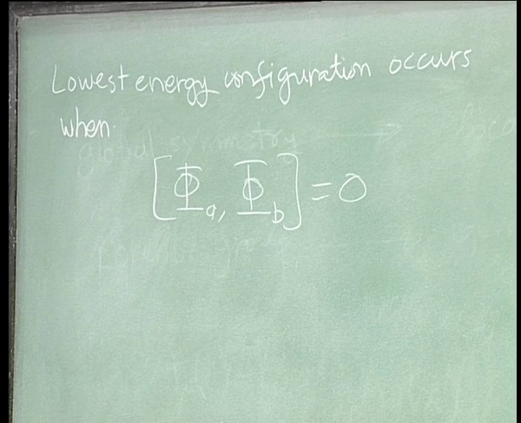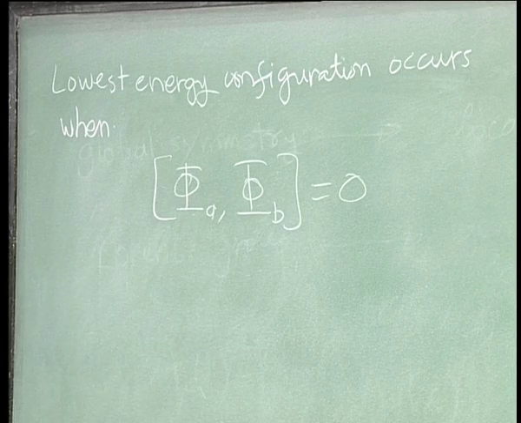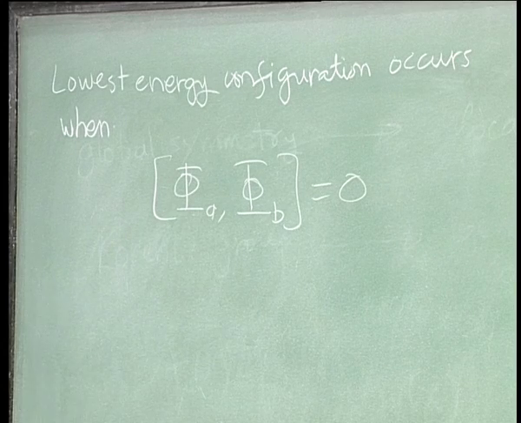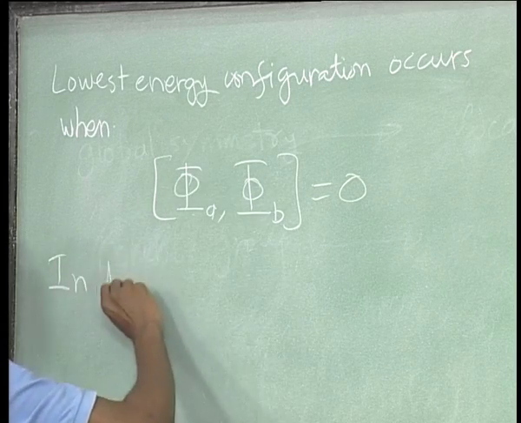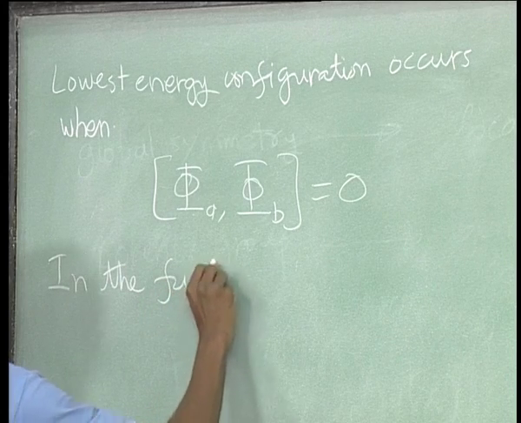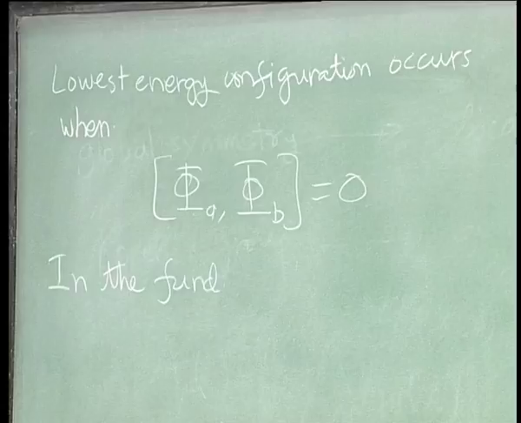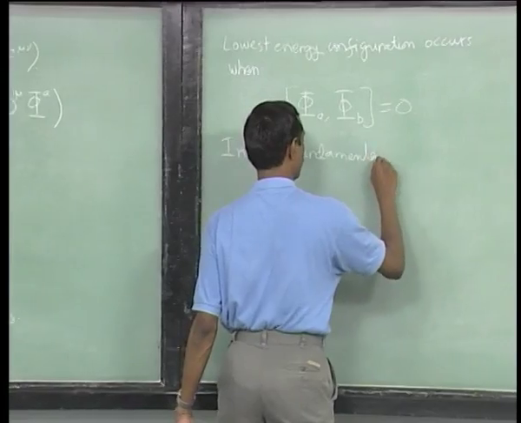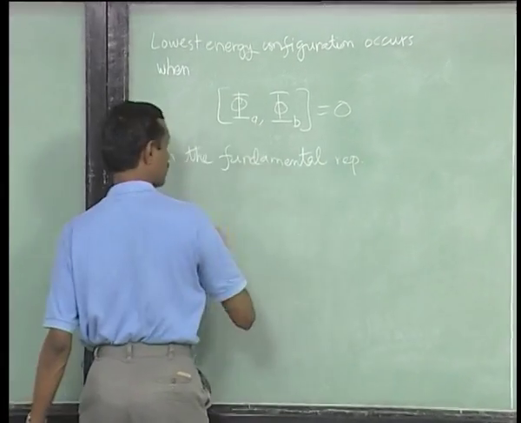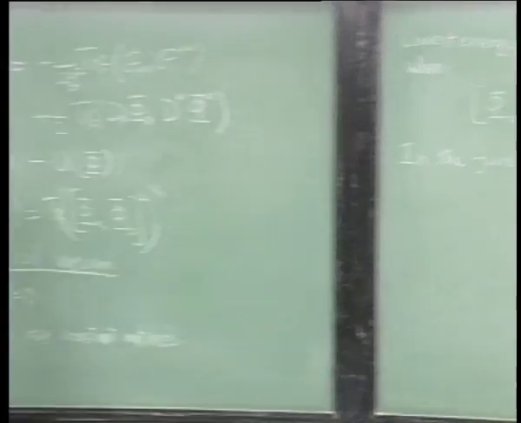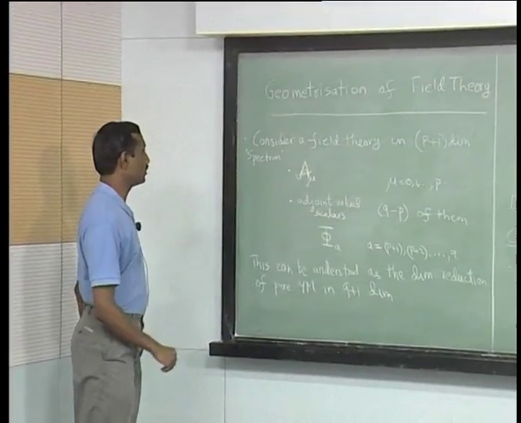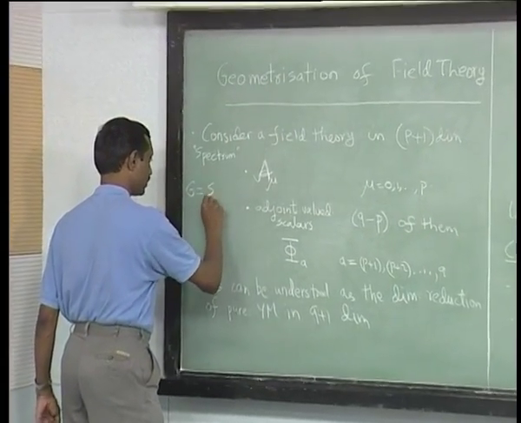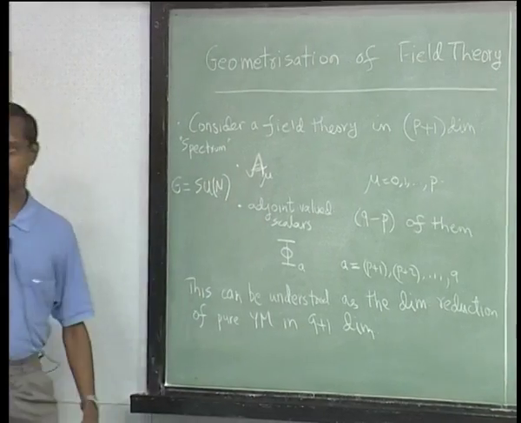Is this clear? Since these are adjoint valued objects, we can think of them as n by n matrices in the fundamental representation. We have not chosen a group, have we? So let us choose the group to be SUN. Okay.